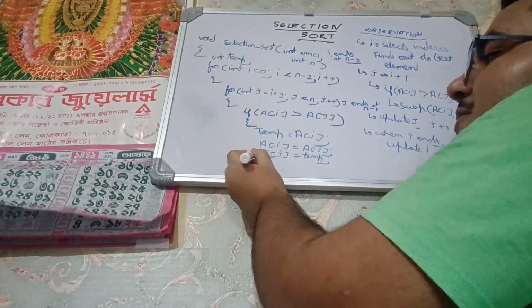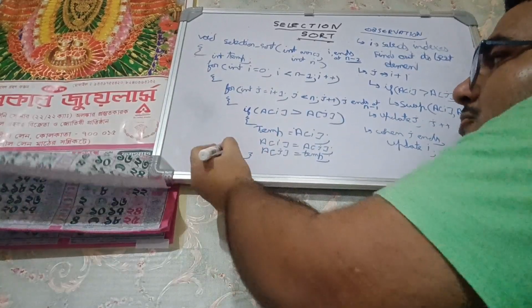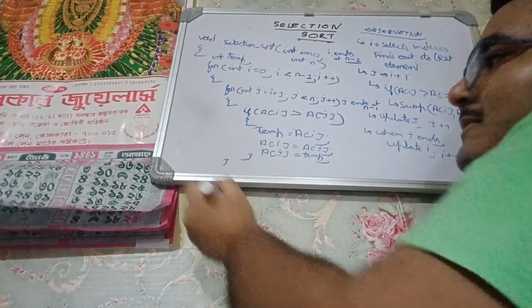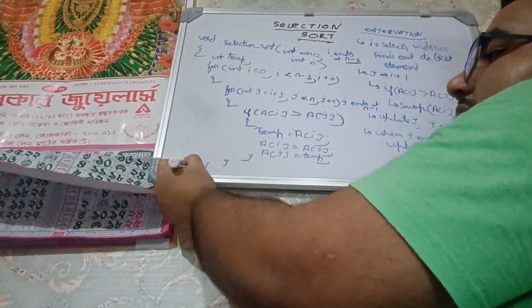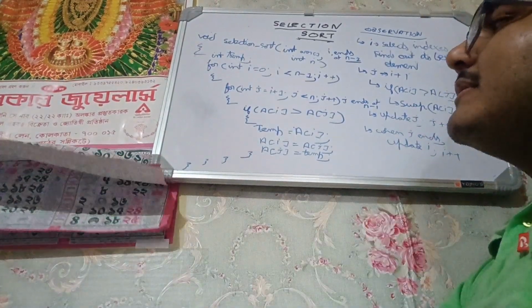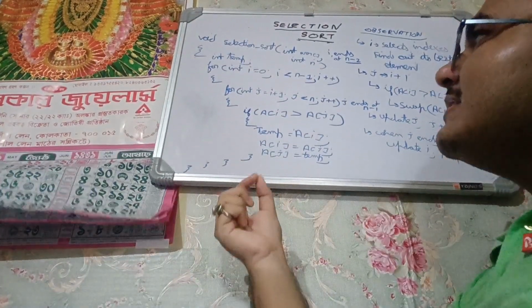That's all. So closing of your if, closing of your j loop, closing of I loop, closing of the function. You are done with this. So this is the code.